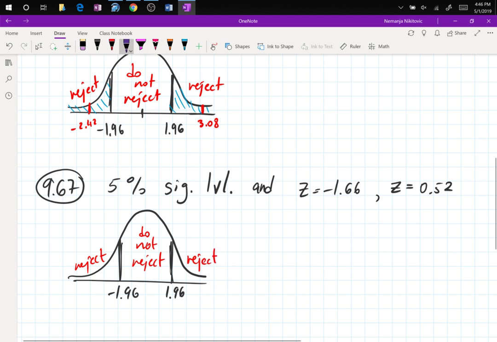So what do I have? I have negative 1.66, that's here. And 0.52 would be probably over here somewhere. So do not reject either.